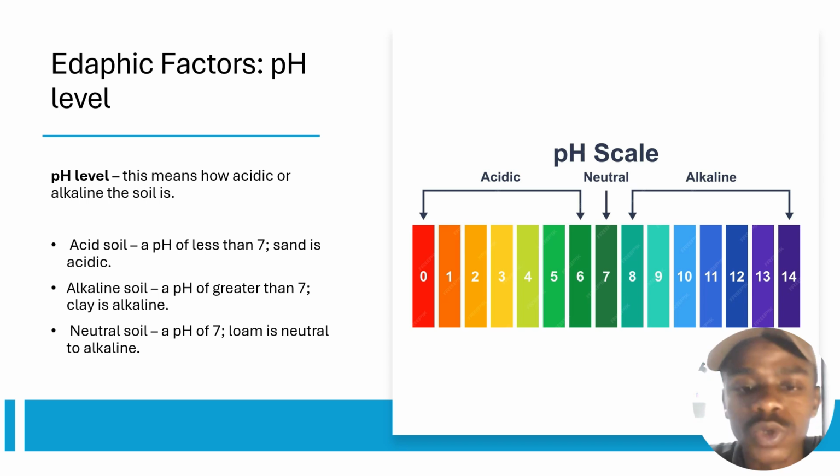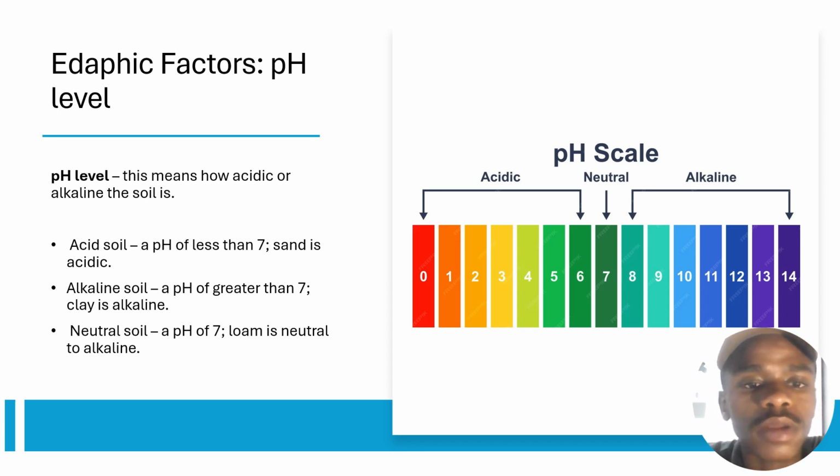As you know, from 0 to 6 we have acidic, which simply tells us that if a substance has a pH value from 0 to 6, it is acidic. If that substance has 7 as a pH value, it is neutral. But from 8 to 14, we can say it is alkaline or basic.